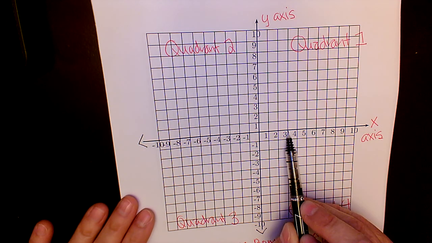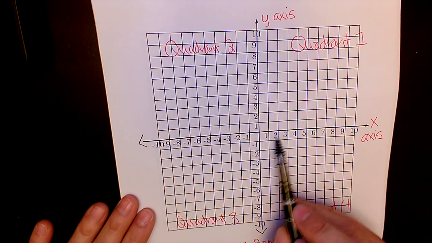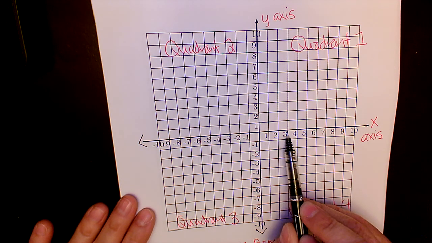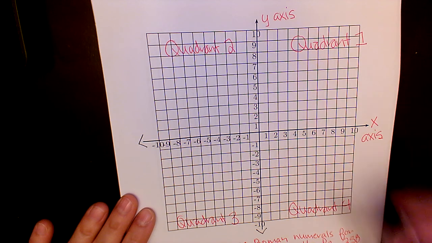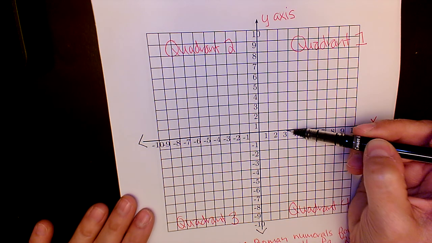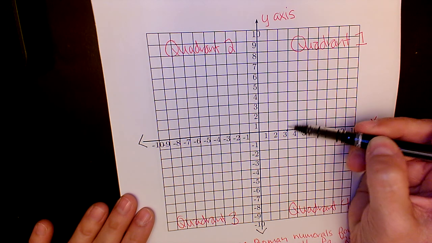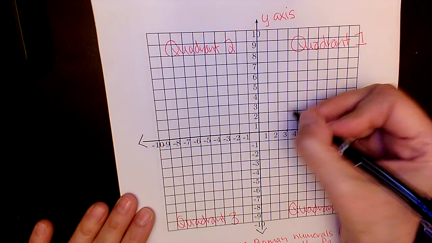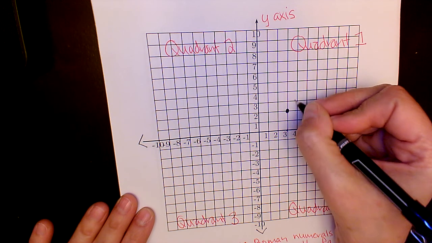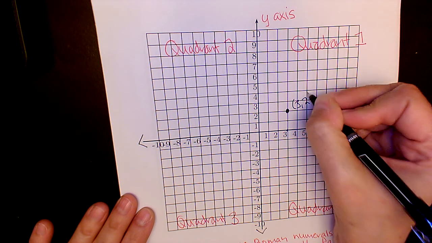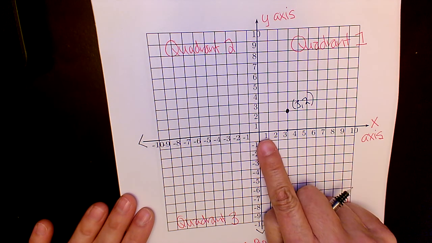It's a positive 3, so I'm going over 3 spots on the x-axis. And for the y, I'm going up 2. 1, 2. I'm going to label this the point (3, 2).